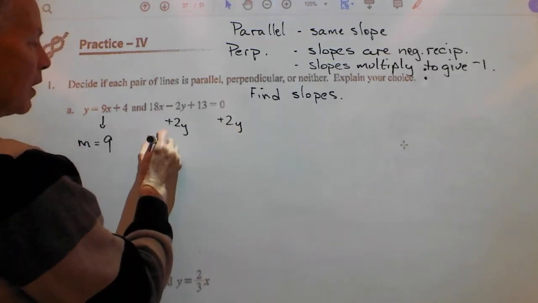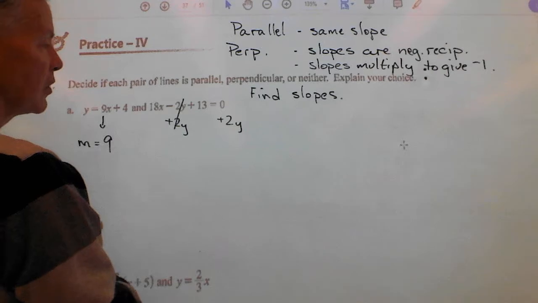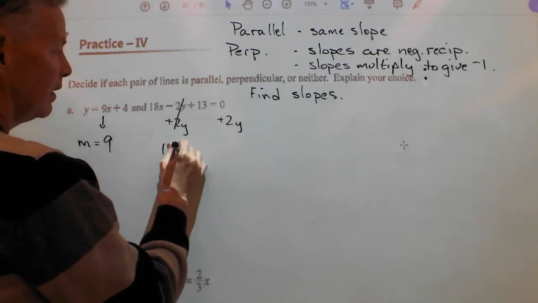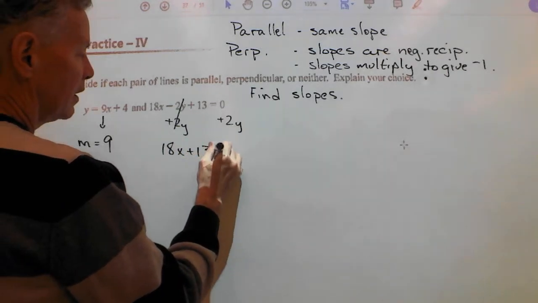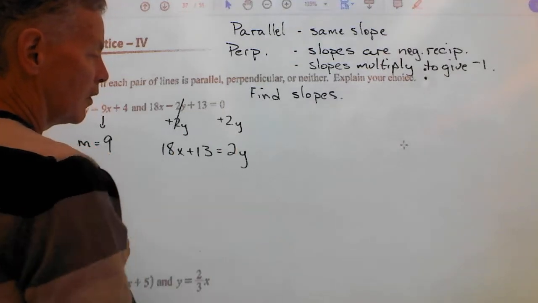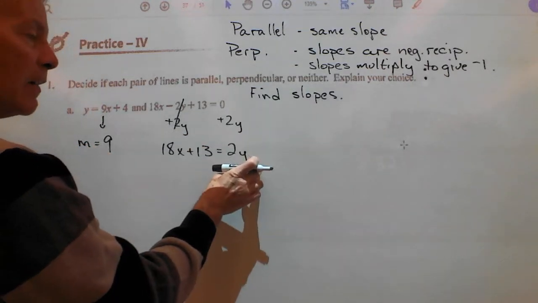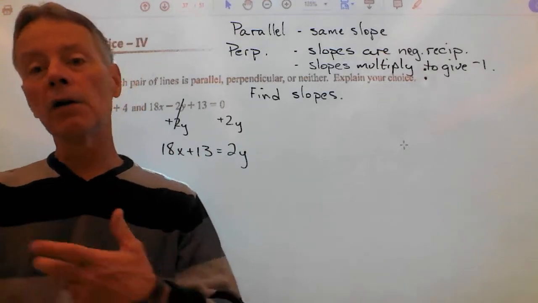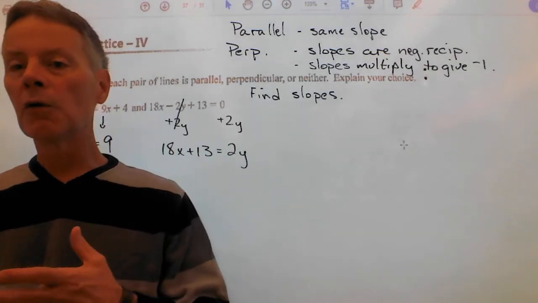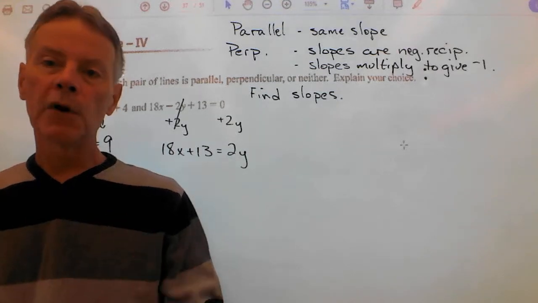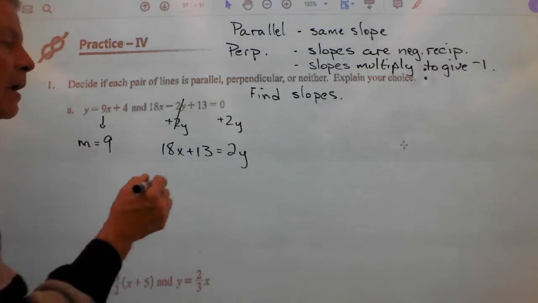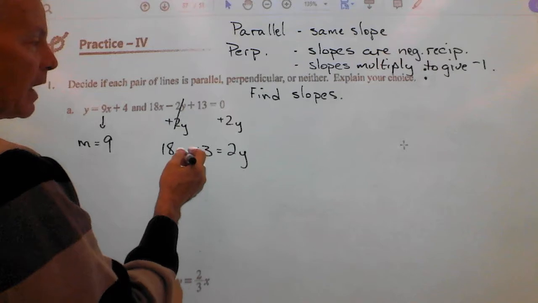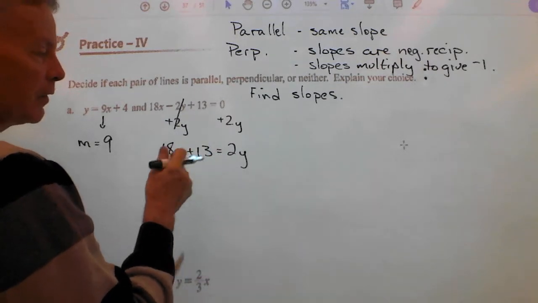That will give us cancellation on this side, and 18x plus 13 equals 2y on this side. And then to isolate y, remember it doesn't matter if you isolate it on the right side or on the left side. Typically we always do it on the left side, but it makes no difference. Okay? So this allows me to do it in fewer steps.